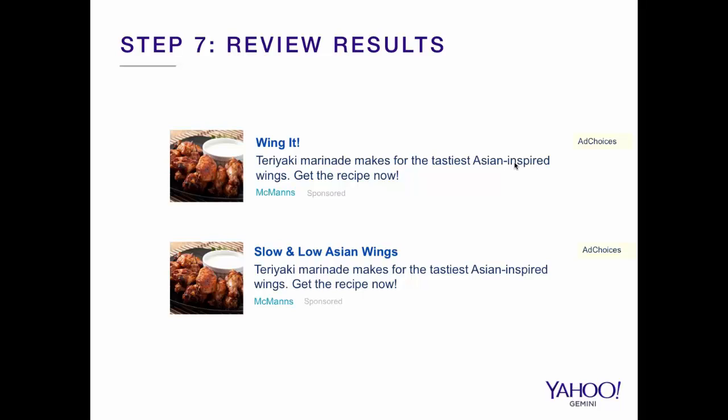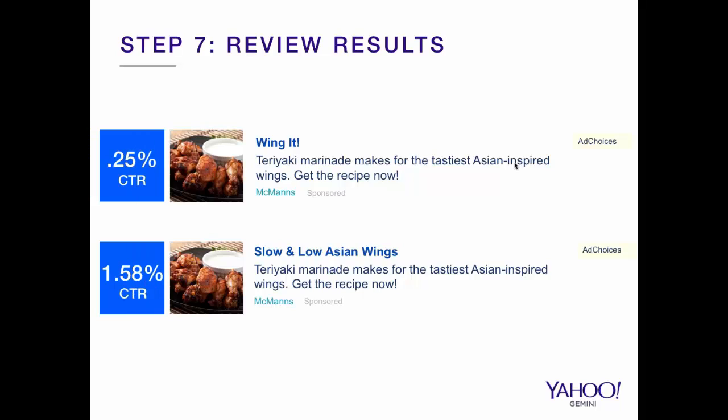But let's take the results of this. So magically now 2 weeks have passed, and we've let these ads run. Again, same image, same enlighteners, same site senders, but different igniter. Our hypothesis is that the slow and Asian wings is going to win. We might learn otherwise.